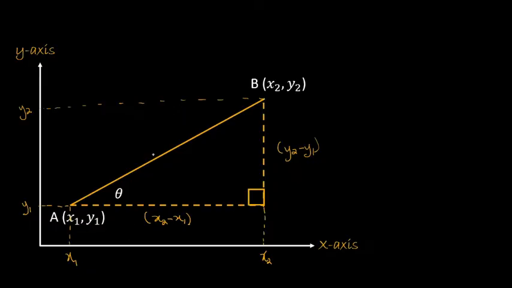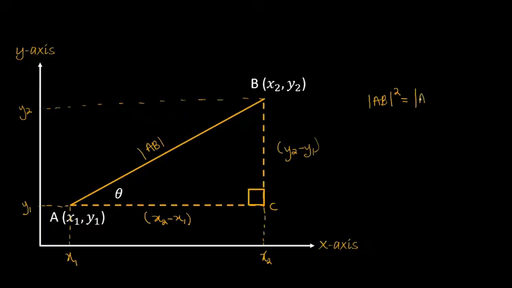Now what happens if we want to find the distance of AB? So AB, the length or the distance of AB, we use Pythagoras theorem. So according to the Pythagoras theorem, the hypotenuse square, which is the length AB squared, would be equal to, let's say this is C, the sum of the length AC and BC squared respectively.